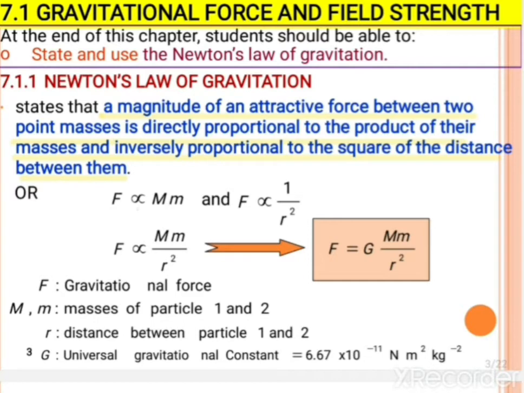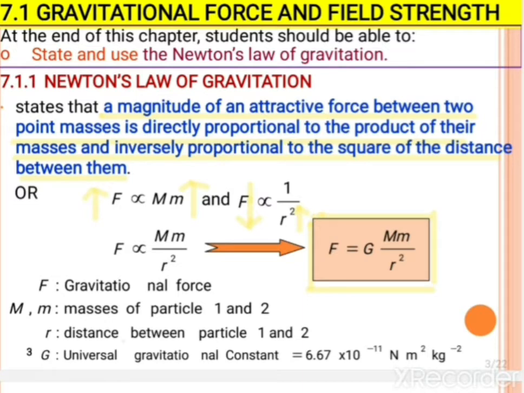F is directly proportional to the product of mass, meaning that if the product of mass increases, gravitational force will increase, and F is inversely proportional to the square of distance. If the square of distance increases, gravitational force will decrease. Or mathematically, you get F equal to G m m over r square.